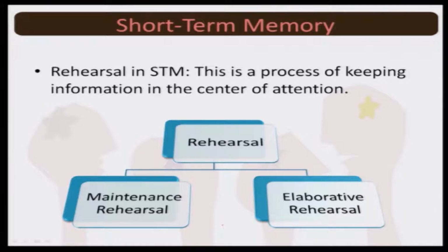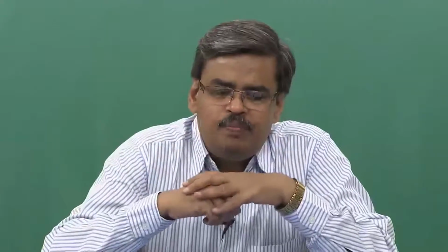The second type of rehearsal could be when you go for more and more elaborative expansion of it. So, you receive the information and then you start elaborating it. While rehearsing it, you try to understand who this man is and in what way he is related to my father.